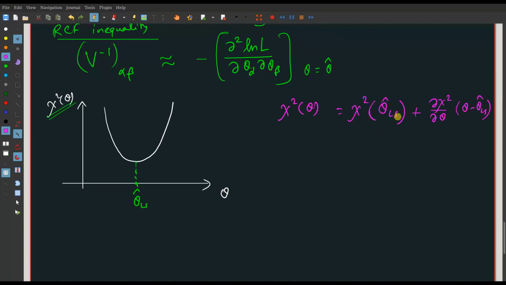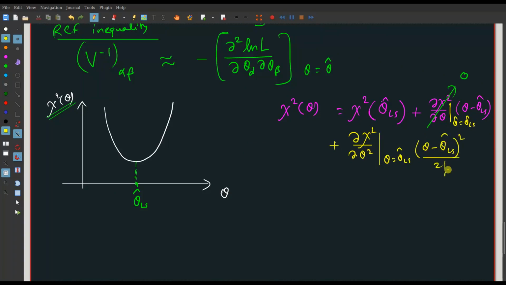Okay, but this thing is 0, right? Because I am minimizing chi-square, so that thing vanishes. Okay, and then plus I have del 2 chi-square del theta 2, evaluated at theta equals theta ls, and then theta minus theta ls whole square by factorial 2.